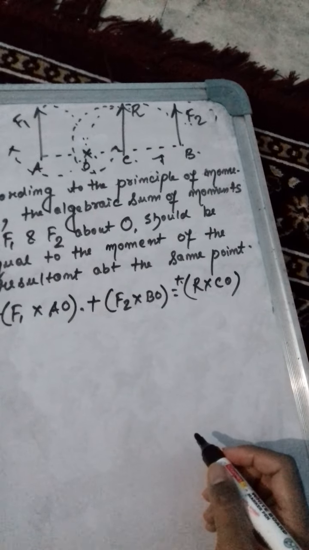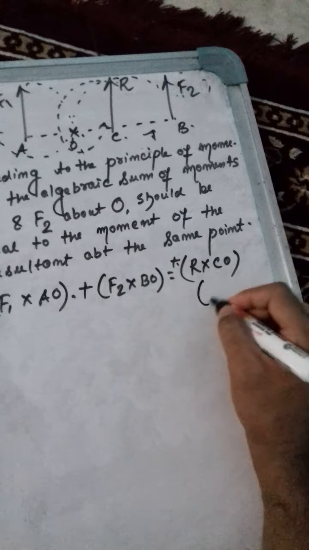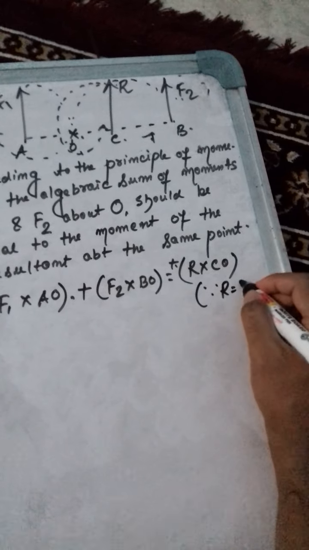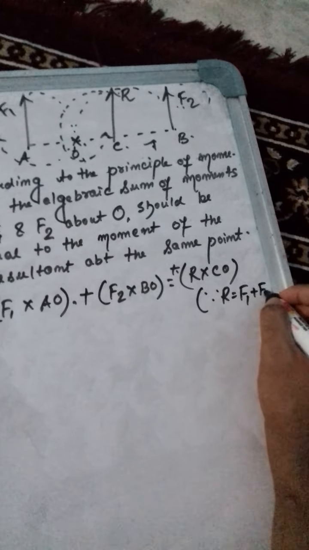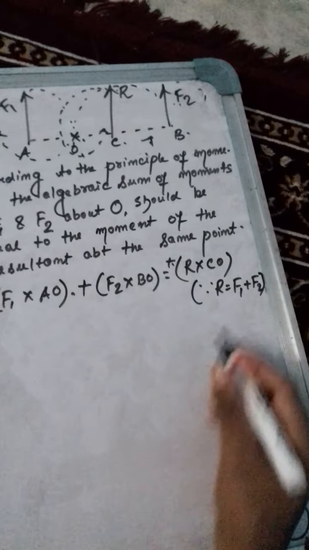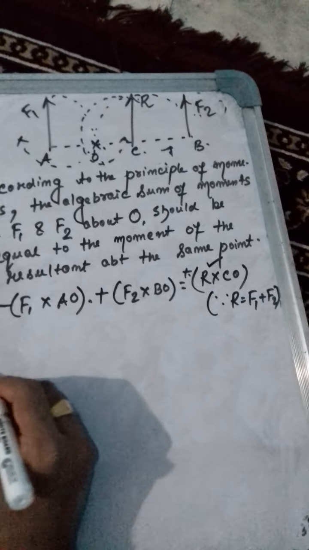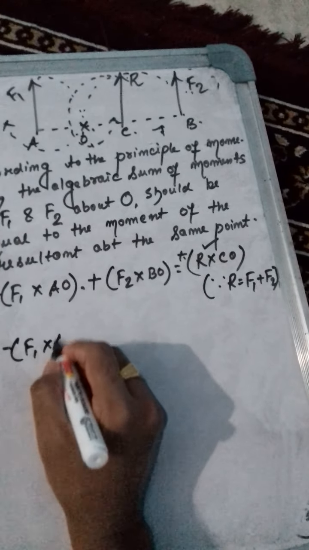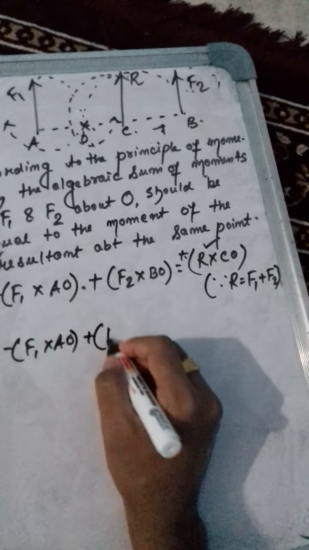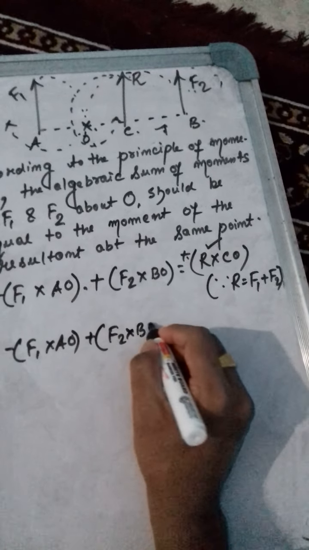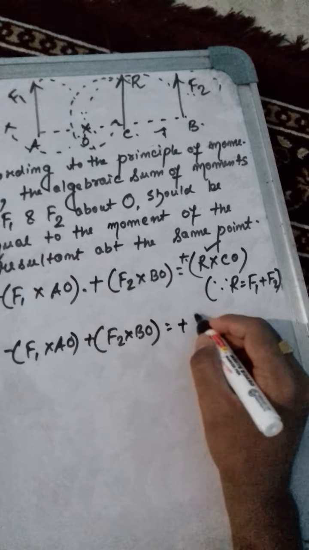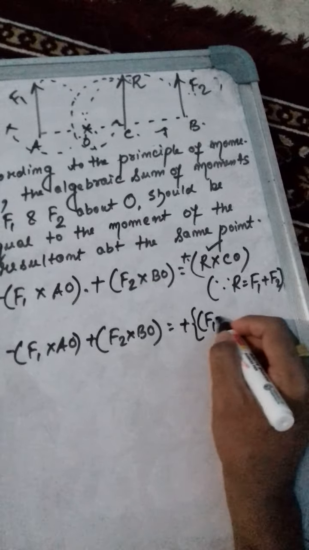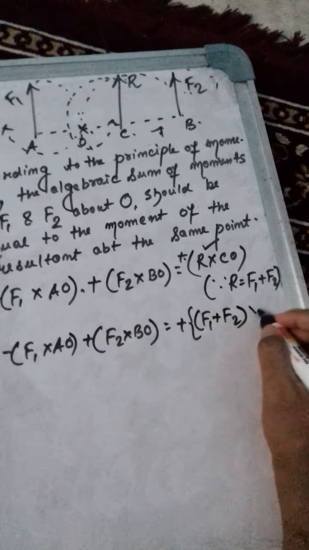We know that R is equal to F1 plus F2. Substituting the value of R, we get minus F1 into AO plus F2 into BO equals F1 plus F2 multiplied by CO.